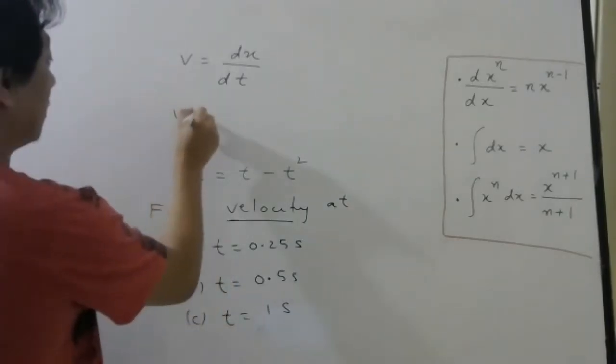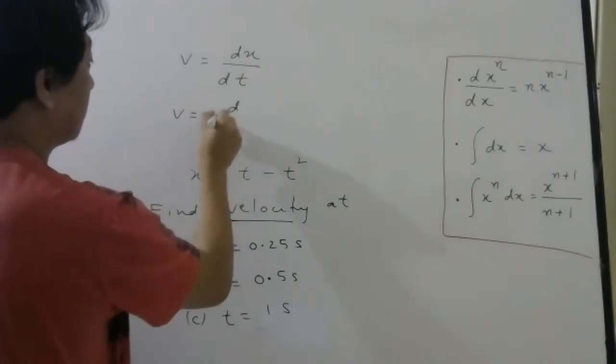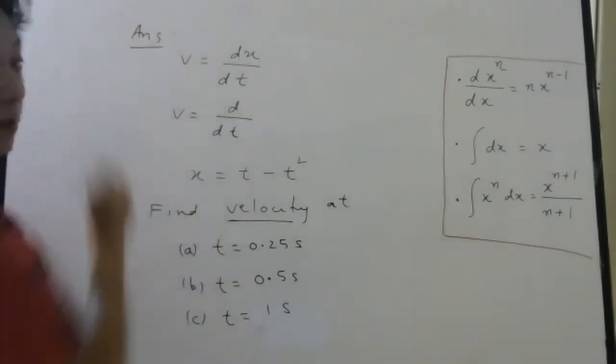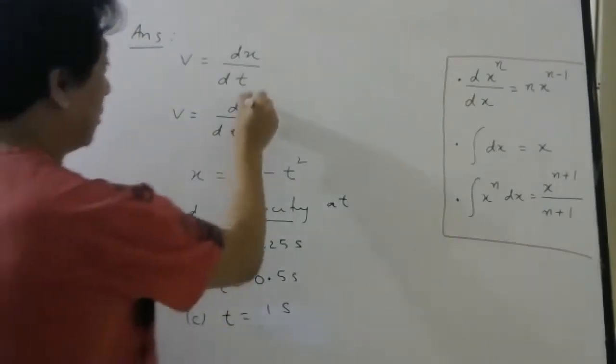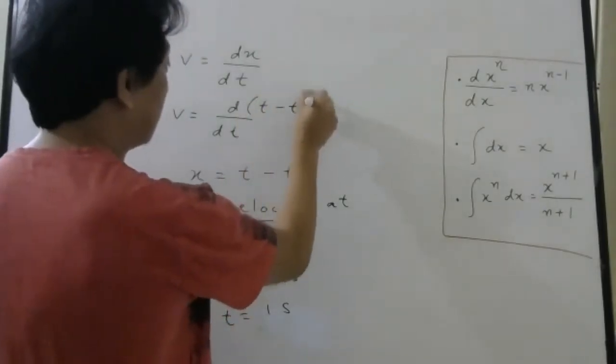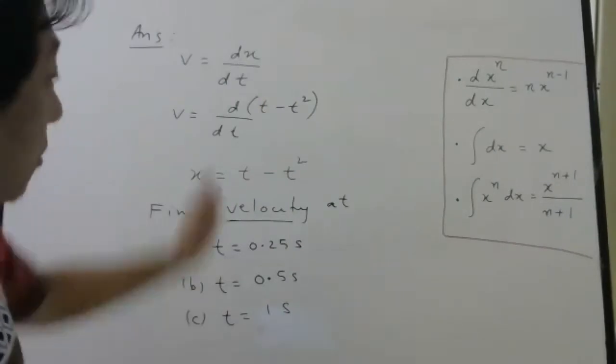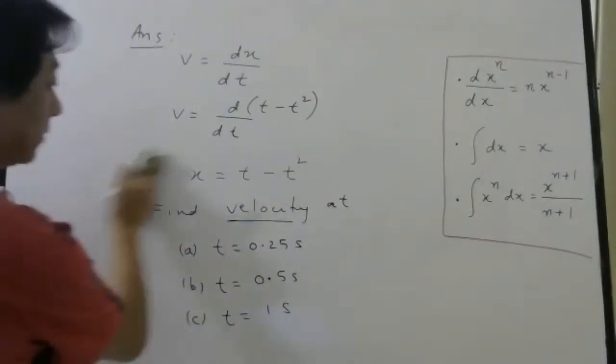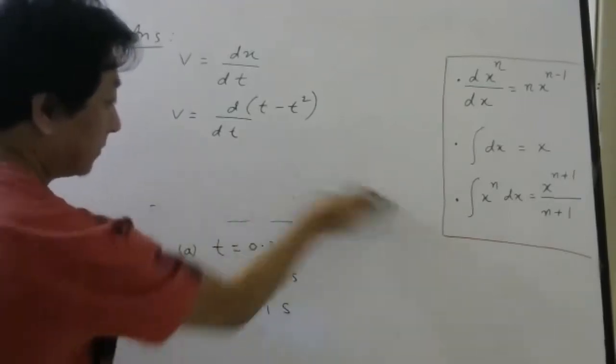So what formula they wrote for x? T minus t square. So first I should distribute. First write the question.